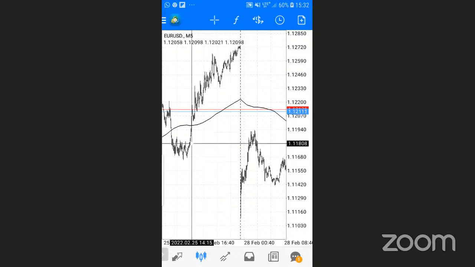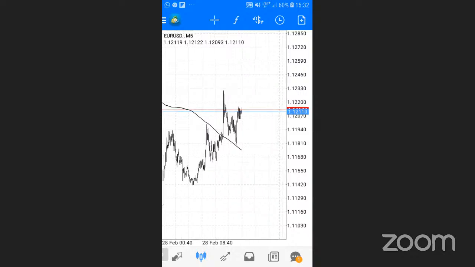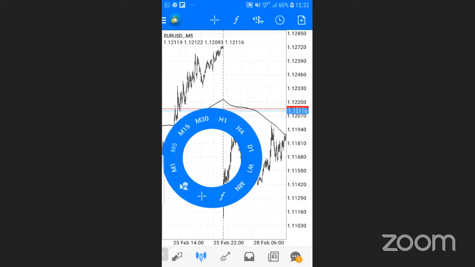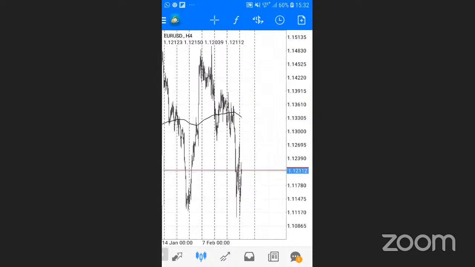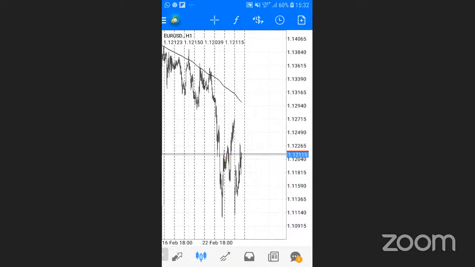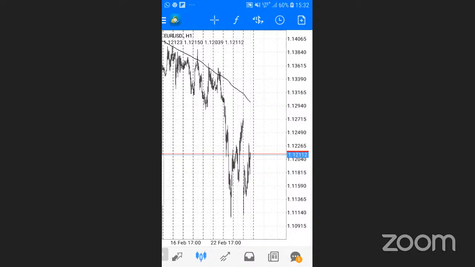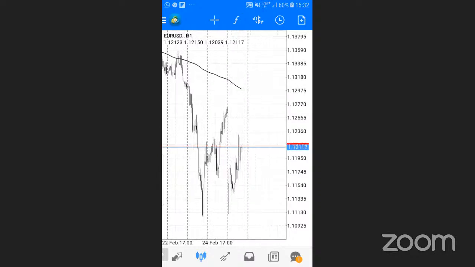Right? So this is on the lower time frame. If you want to use this same moving average, 200 period, on H4, it is different information. If you want to use it on H1, it's different information. On all of these higher time frames, it's already giving us a downtrending market.